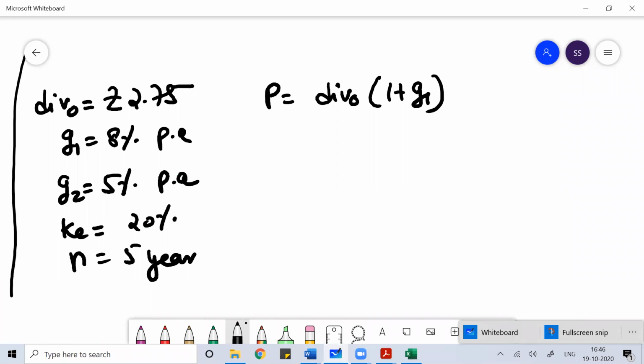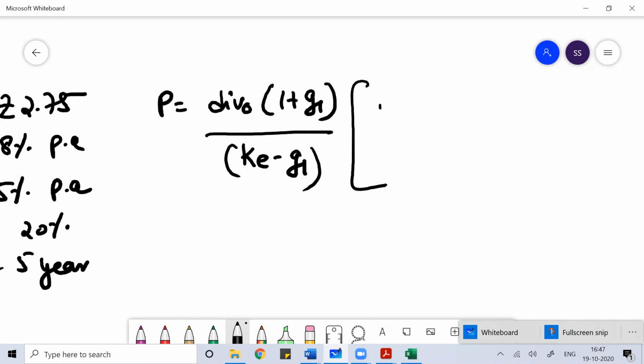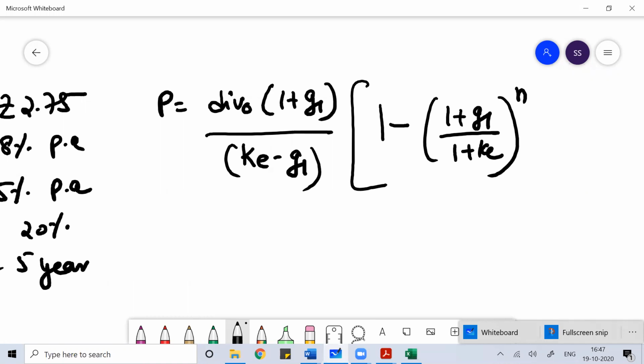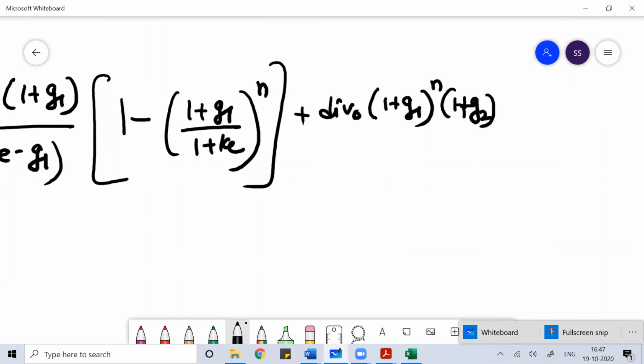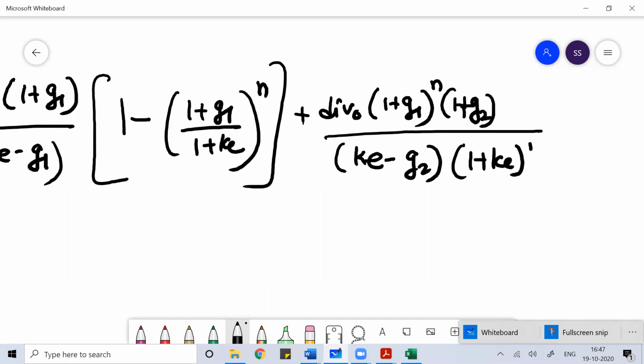So: DIV naught into (1 plus g1) divided by (ke minus g1), into [1 minus ((1 plus g1) divided by (1 plus k)) to the power n], plus DIV naught into (1 plus g1) to the power n, into (1 plus g2), divided by (ke minus g2), and then (1 plus k) to the power n.